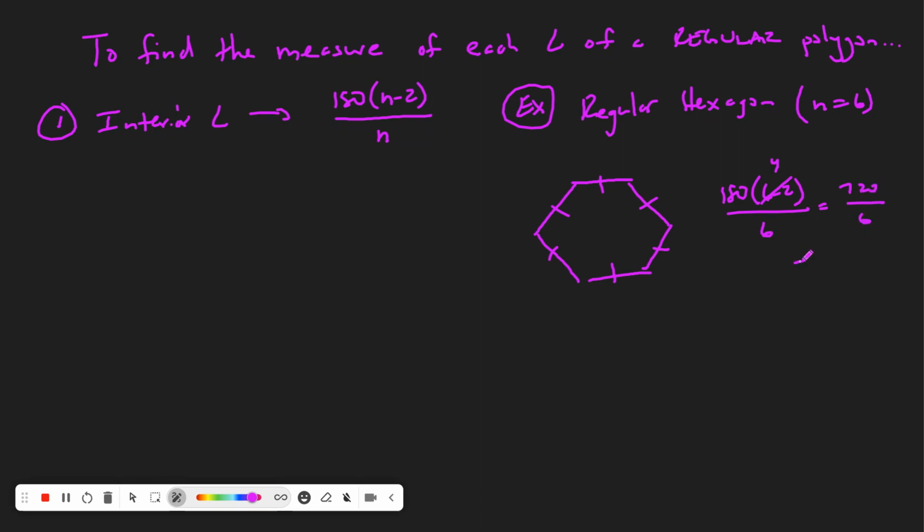And when you divide 720 by 6, you get 120. So each of these angles in here, because all these angles are congruent, each of those angles is going to be 120. And I'm going to strategically put it right here because we're going to talk about something in a minute.